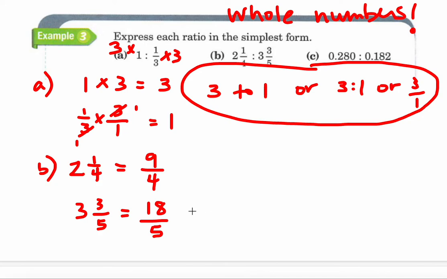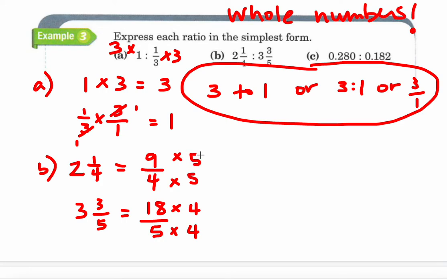Now, just like before, I'm going to multiply by my denominator... actually, let's make it a little easier. Let's get them to a common denominator. 4 and 5 can both get to 20.